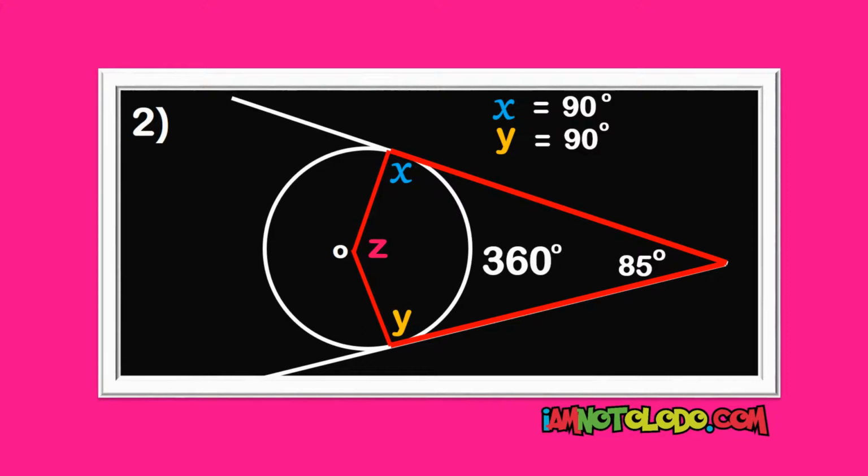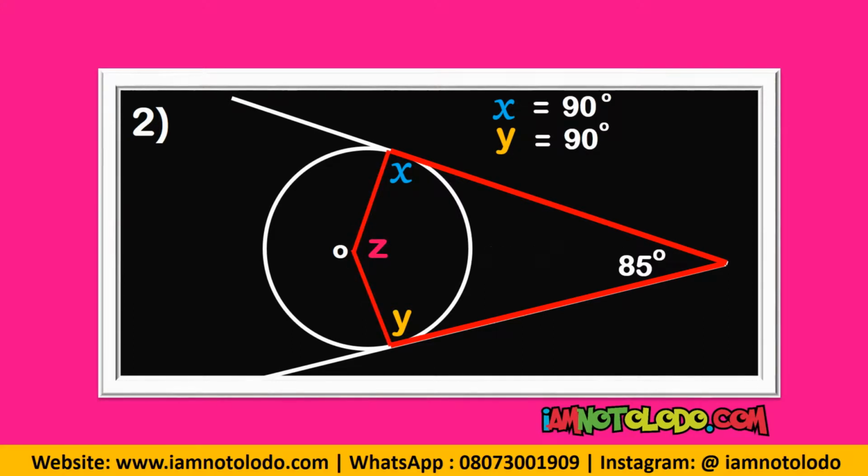So we can use that to find our z. So all we have to do is to say z equals 360 degrees minus this 90 plus this 90 plus this 85, which is 265. So z equals 95 degrees. Do you understand? So let's solve the last question.